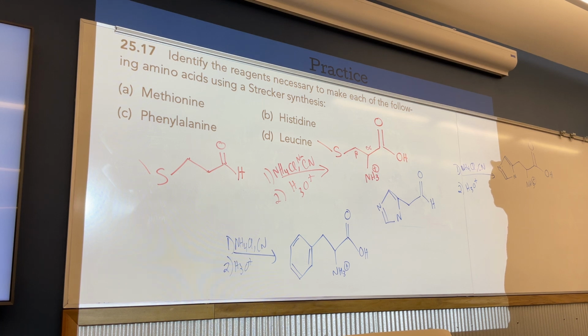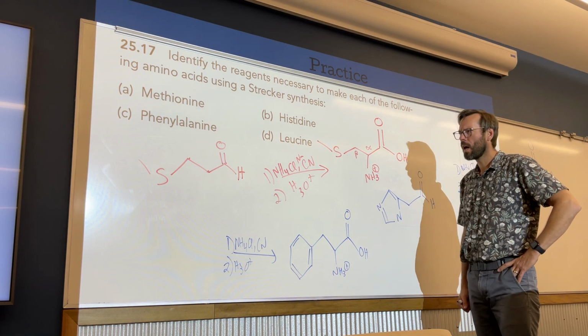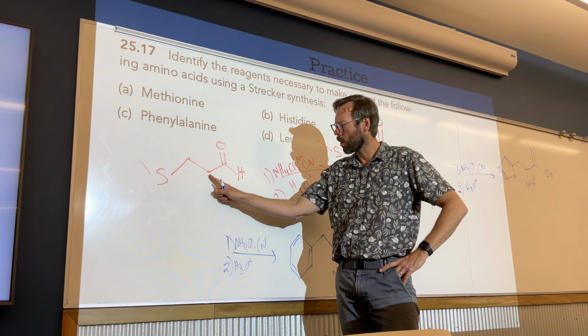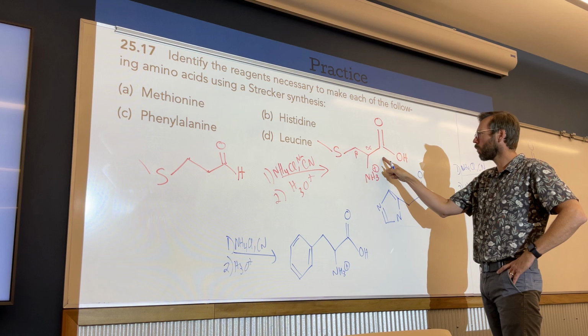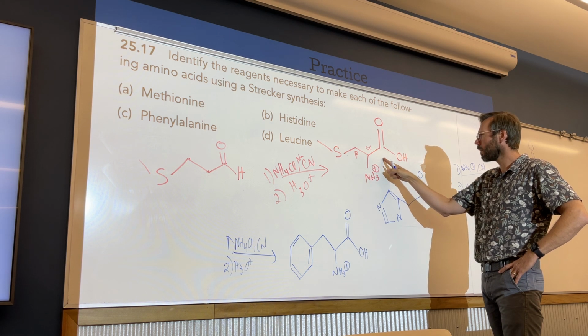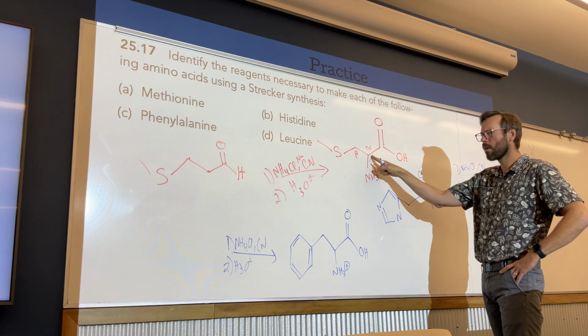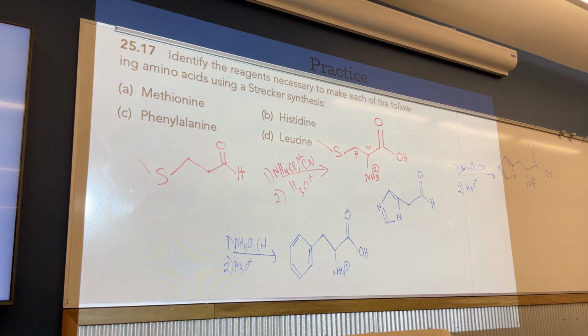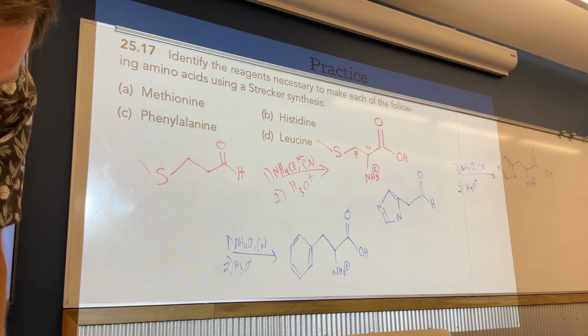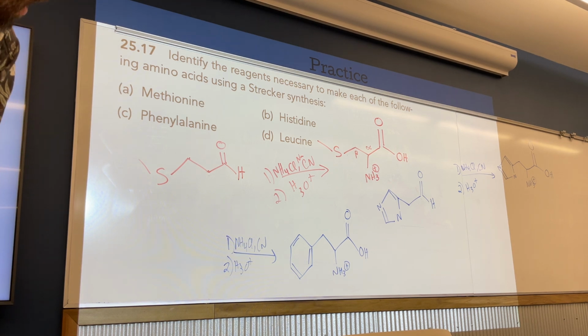And actually, quickly, is methionine correct? Because there should be one less carbon here, or one more carbon here. I was thinking starting with one less, because then that nitrile comes in. I was looking at the mechanism. The nitrile adds the carbon. The carbonyl splits into the amine and then the carboxylic acid.